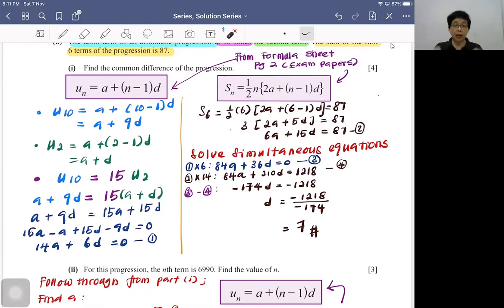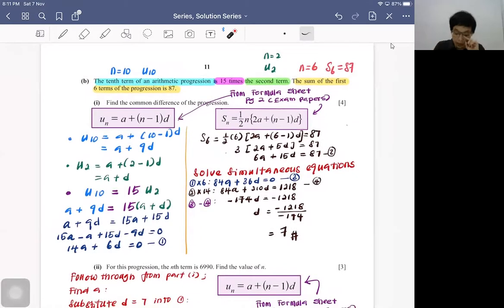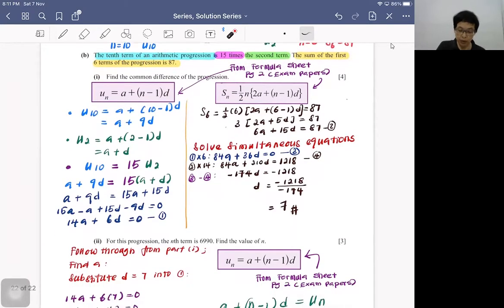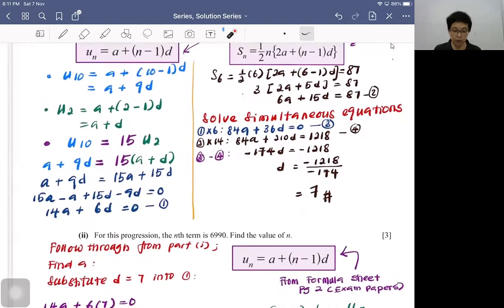Now you go back to abide by the sentence given, the relationship between the two terms. Here we go. They stipulated for us the 10th term equals 15 times the second term. You're in good shape so far.